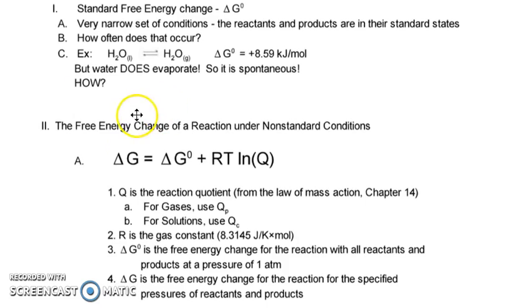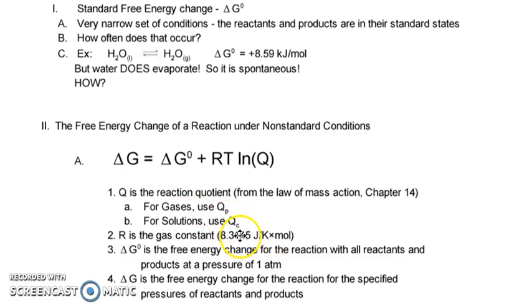Well, we have a new equation. Delta G at its non-standard state is equal to delta G of its standard state plus RT ln of, oh, here's our buddy Q. So Q is the reaction quotient, going back from chapter 14; we did it some in 15 and again in 16. For gases, we want to use the pressure.